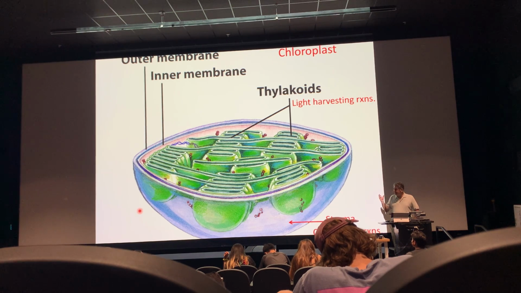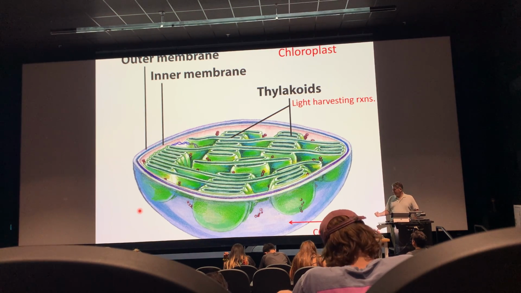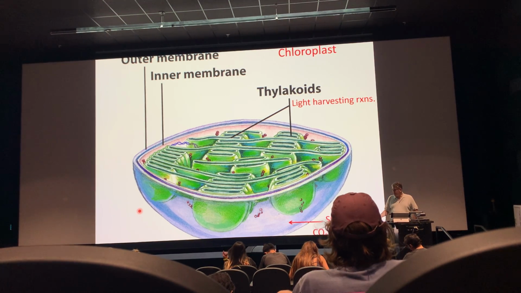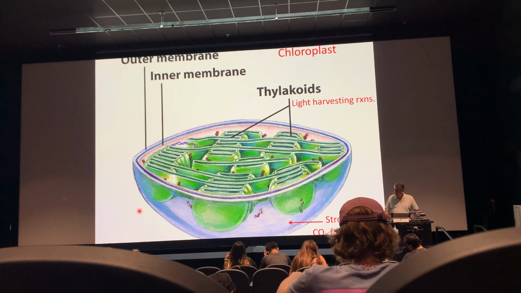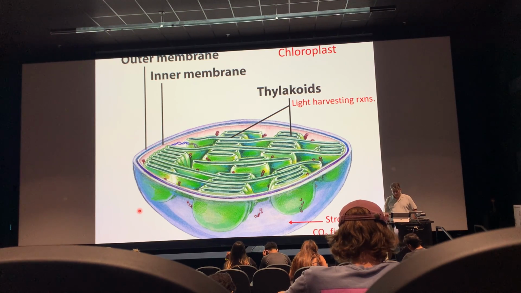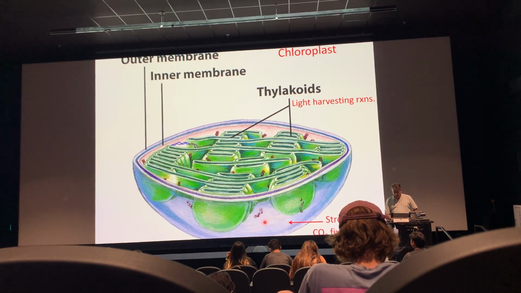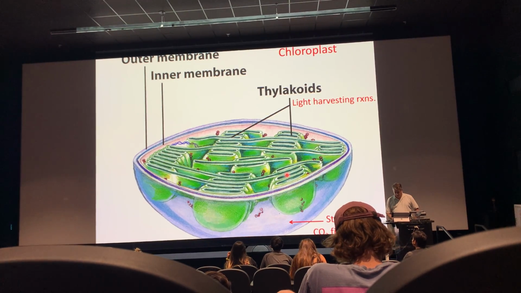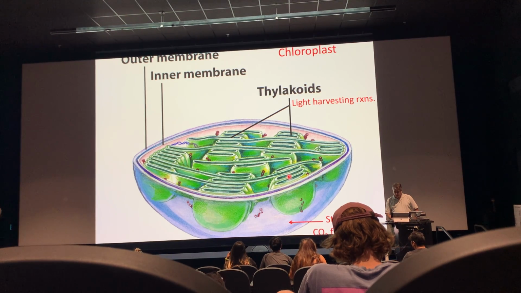CO2 is trying to be fixed, which means covalently attached to something, and then a series of reactions are done that consume ATP and NADPH to make a sugar. So those reactions are occurring out here. And then there's a liquid inside these thylakoid membranes.